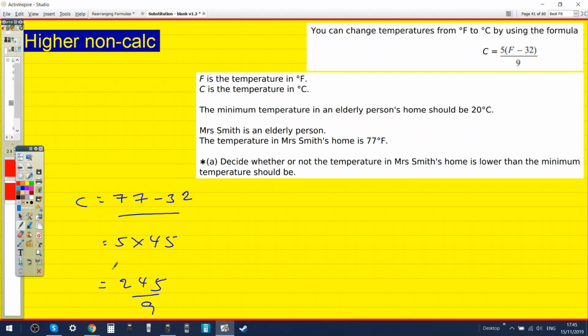Let me just check that. So 5 times 45, 25 plus 200 is 225, is it? Yeah. Yes, you're right.